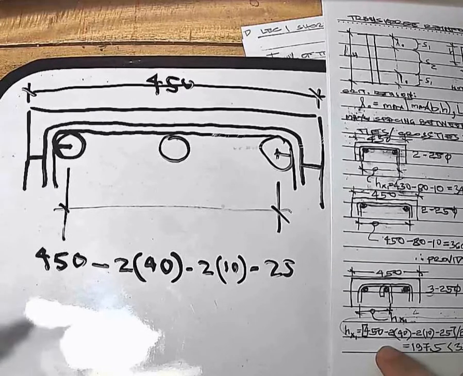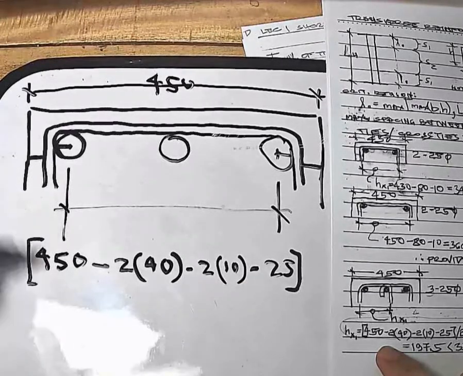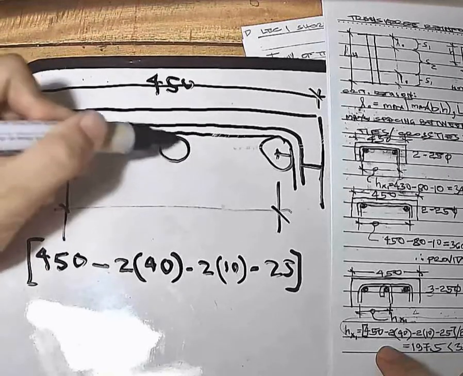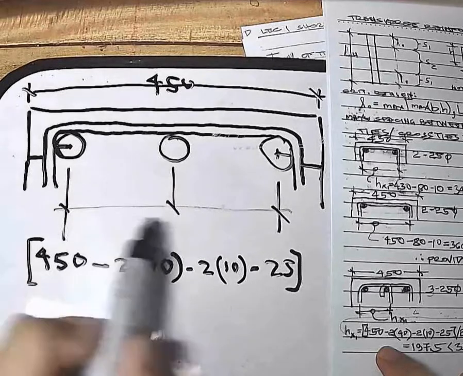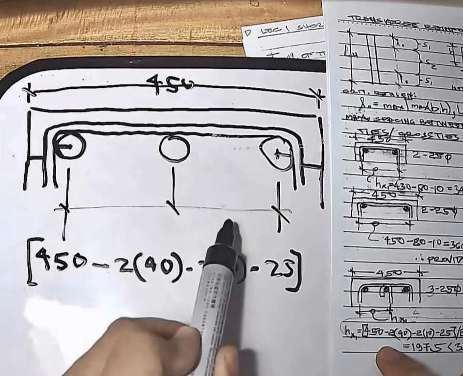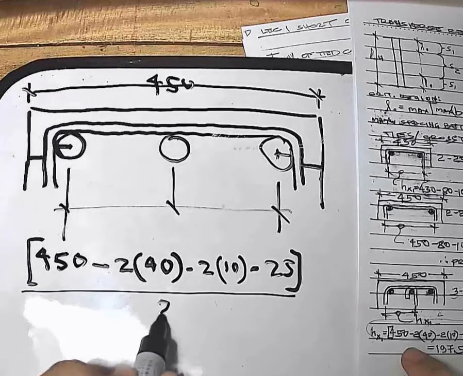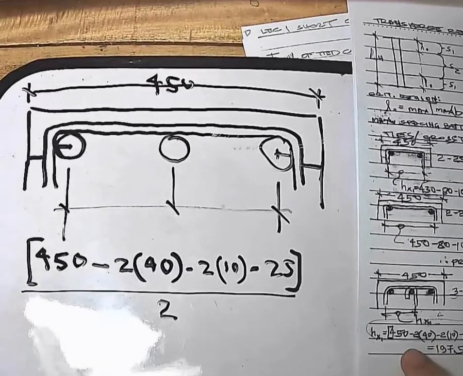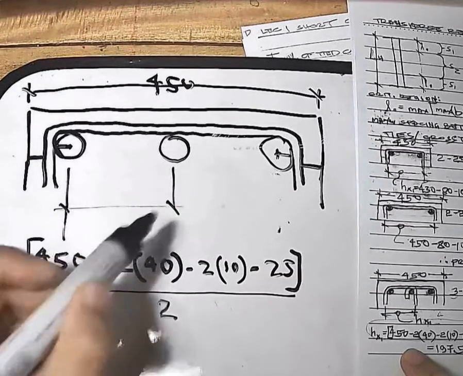And then, remember na meron tayong rebar dito. So, hahatiin natin yan dahil meron na tayong dalawang space. So, this is now divided by 2. Okay, so na-compute na natin ngayon etong distance.